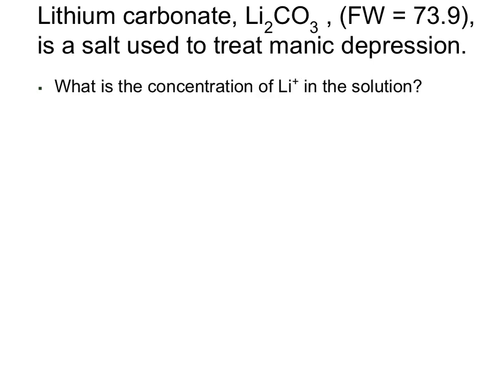Let's take a look at what our concentration of lithium ions would be in this solution. Let's recall what happens when I dissolve a solid lithium carbonate sample in water. It will actually break apart into lithium and carbonate ions in a 2-to-1 ratio. Therefore, for every 1 unit of lithium carbonate, I will actually form 2 lithium ions.